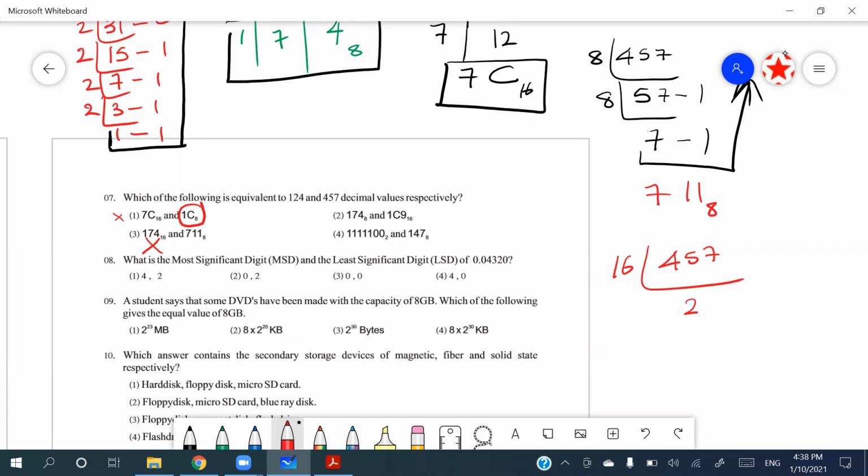For 137, it's going to be 128. So 37, 28 to 37, yes, 11 is remaining, right?